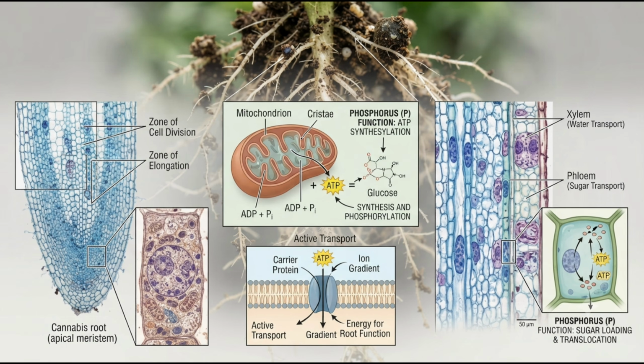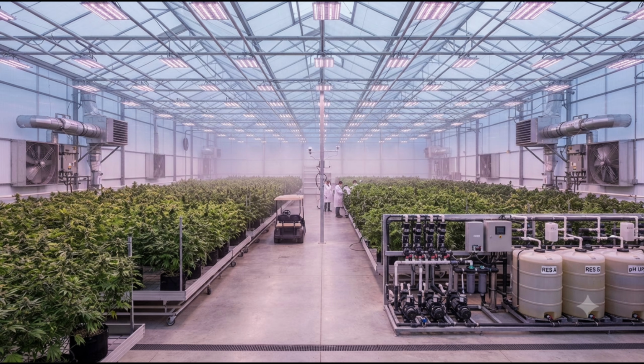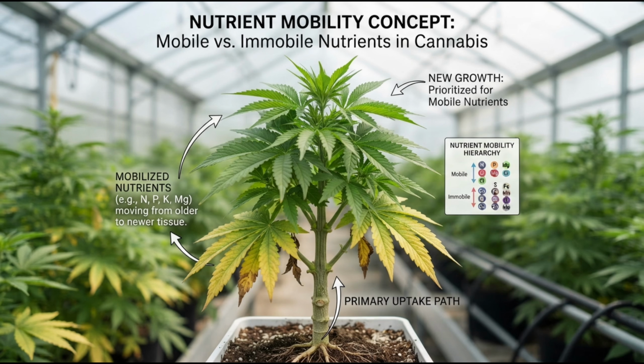They form an interconnected system where balance, ratio, and interaction determine biological outcome far more than absolute quantity. Within this system, nutrients are divided into mobility groups that determine how deficiency patterns appear in plant structure.